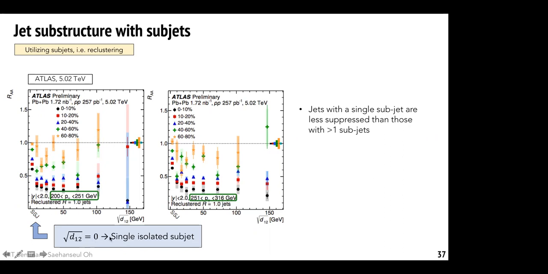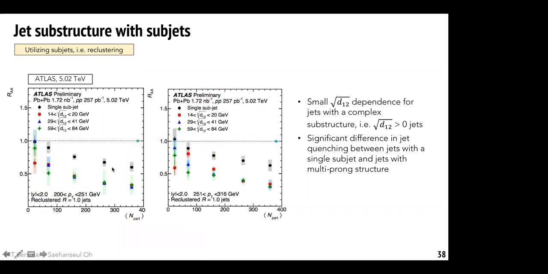So there's only a single isolated subjet, not two subjets, but only a single isolated subjet. With a single subjet, the RAA value is much larger than the others. So jets with a single subjet are less suppressed than those with more than one subjet. It's the same for different jet PT.